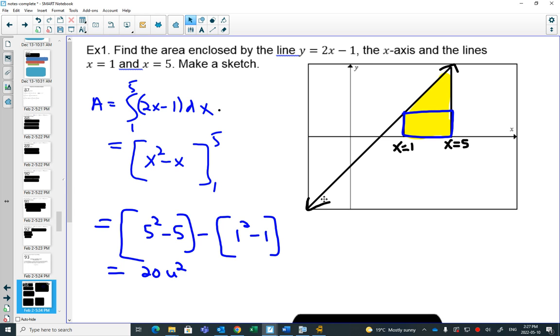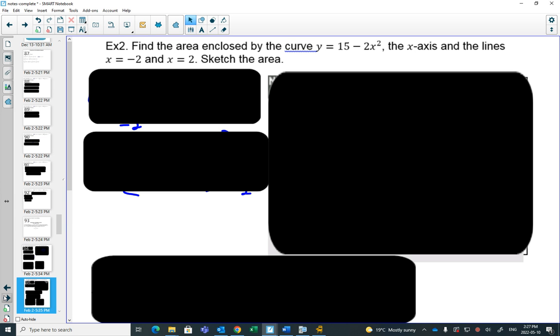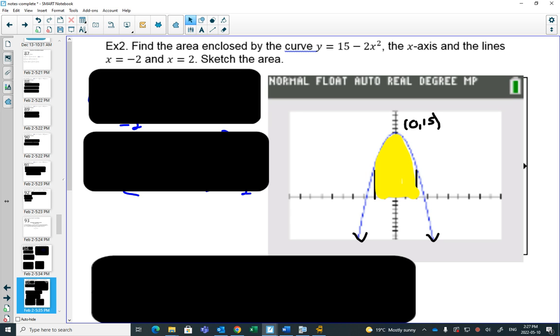So if we look at the next one, everybody done here? Now this is the curve that we're looking at. 15 minus 2x squared. It would be a parabola opening down. And we're finding it between negative 2 and 2.